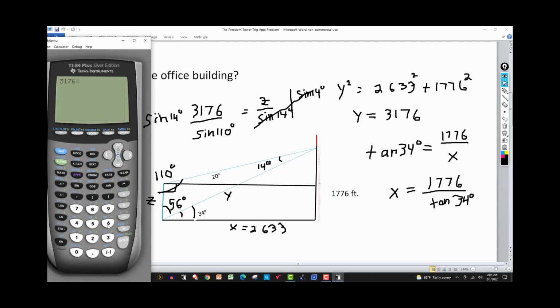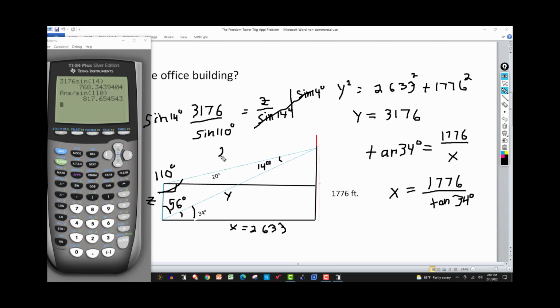So then the value of z would be 3176 multiplied by the sine of 14 degrees, and we'll go ahead and compute that out, hit enter. And then we're going to divide that by the sine of 110.